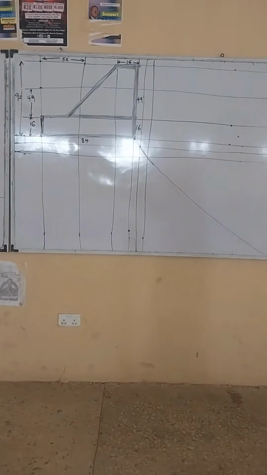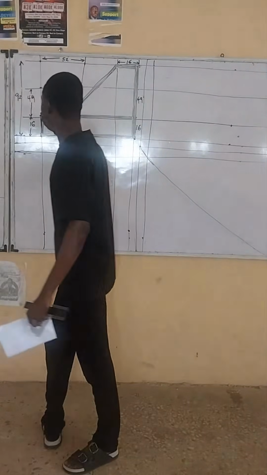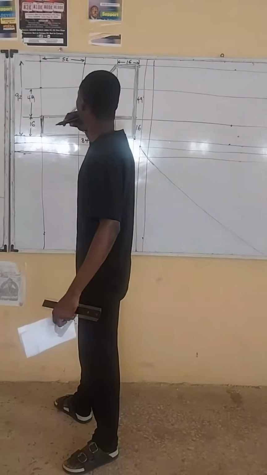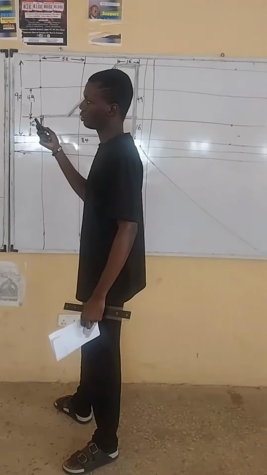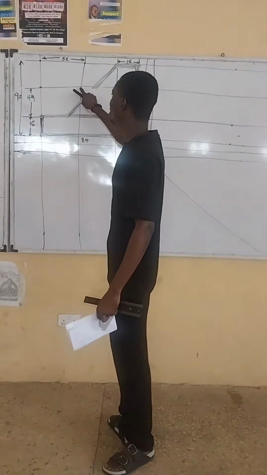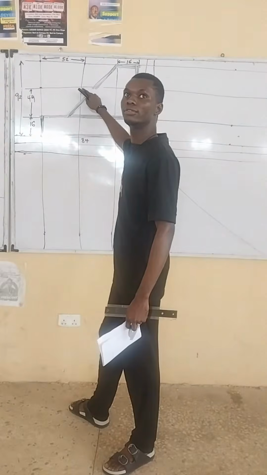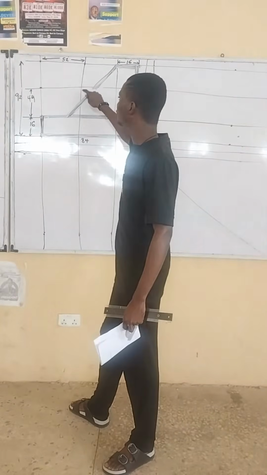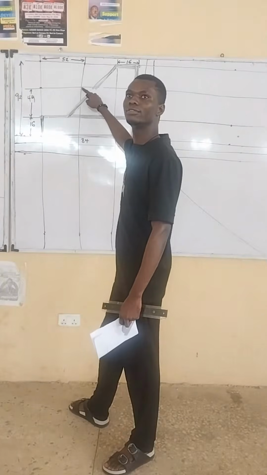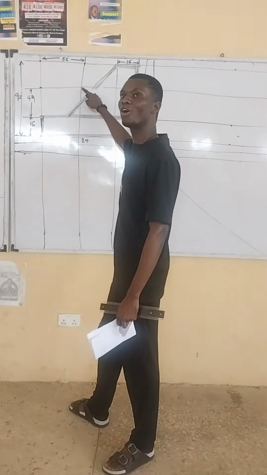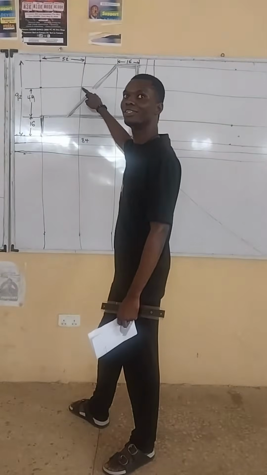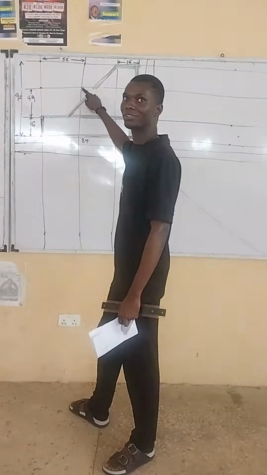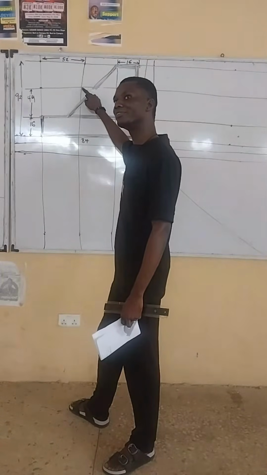The next thing now is to get that other part. We already have it here. This 4.9, in your drawing, does this line pass through this place? For some, it's a pass through.